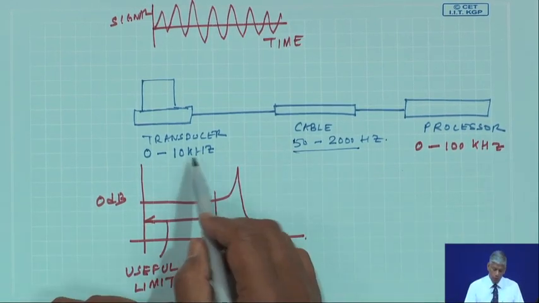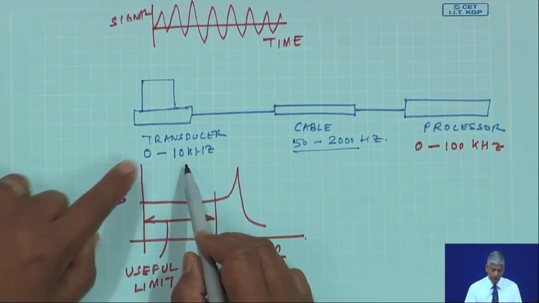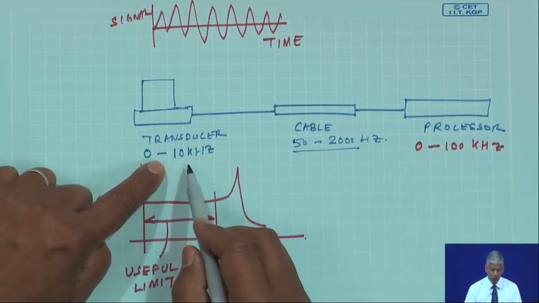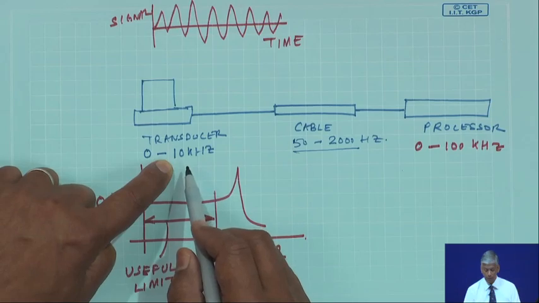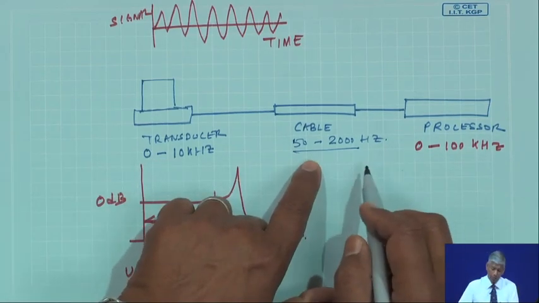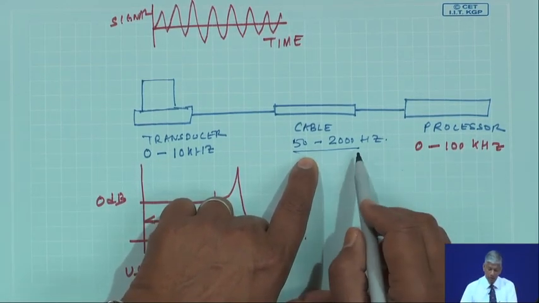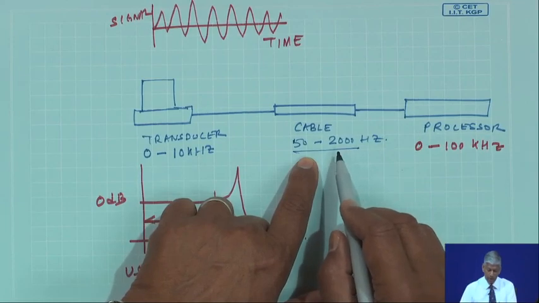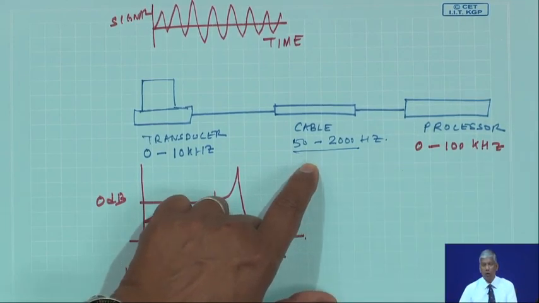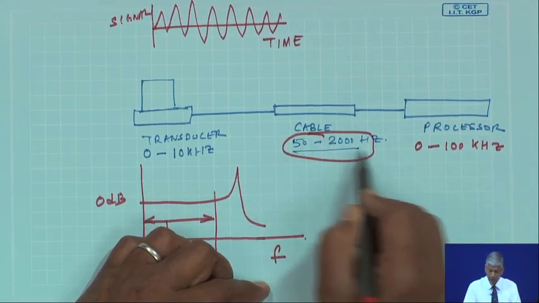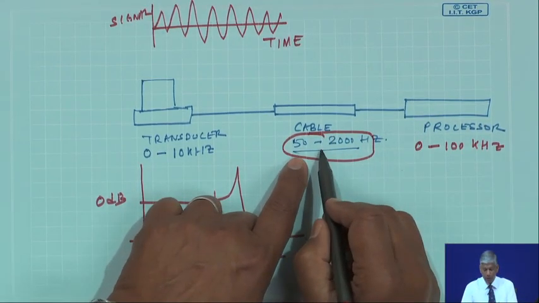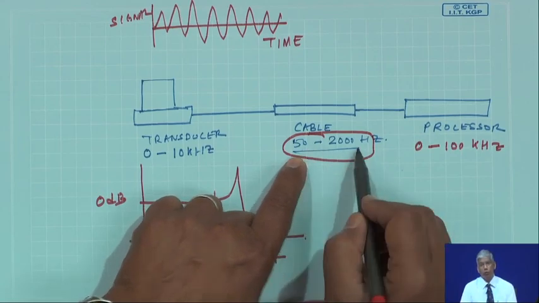So, if I have bought a transducer which has a frequency response up till 10 kilohertz, and you say that my measurement is good till 10 kilohertz, you are wrong, because the cable is limiting your output, because the cable is only good from 50 to 2000 hertz.